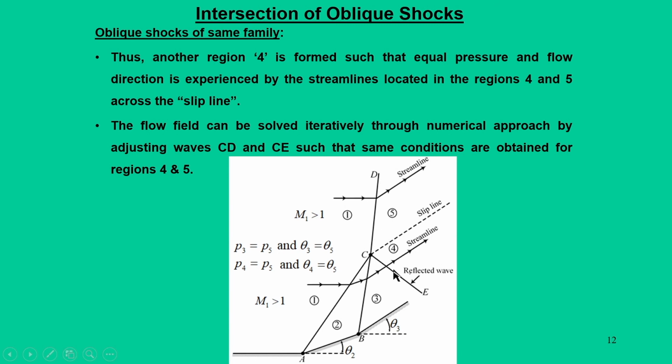That means shocks CD and CE are adjusted in such a way that we have an imaginary slip line and the conditions 4 and 5 are mapped. It is very difficult to solve this analytically just by referring to a normal shock table or oblique shock table. So, these complicated flow field features are solved iteratively, and certain numerical approaches can be included so that this kind of problem can be solved.